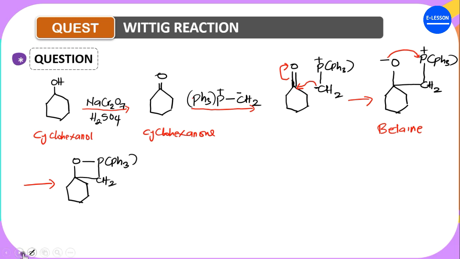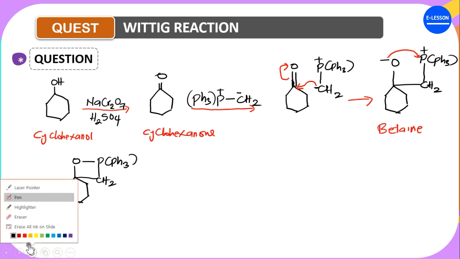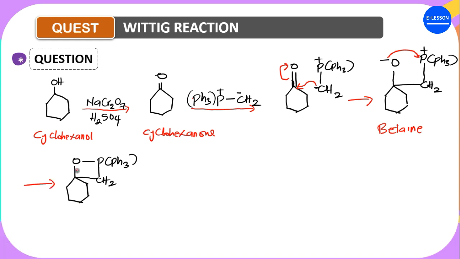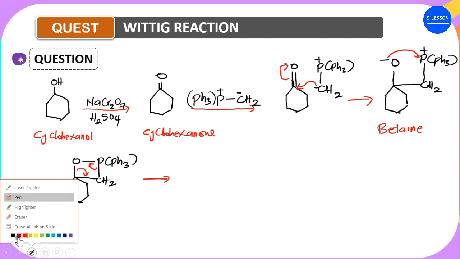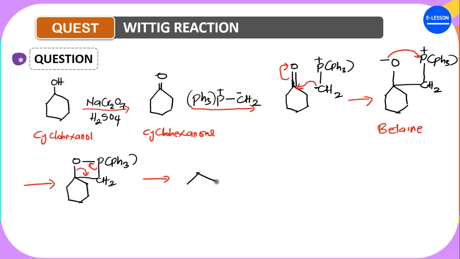Now at this point, what is the next step? The ring will rupture. If the ring ruptures, this one comes here and this one comes here. As this one is coming here, a double bond will be formed here, so we can write CH2 on top.